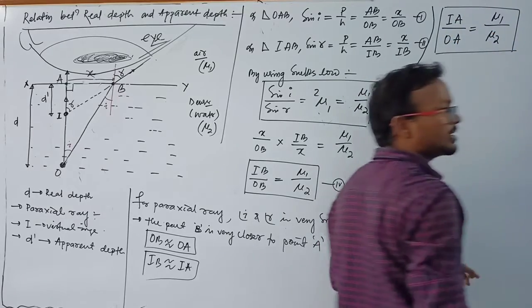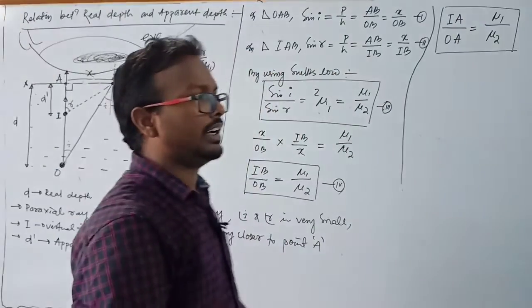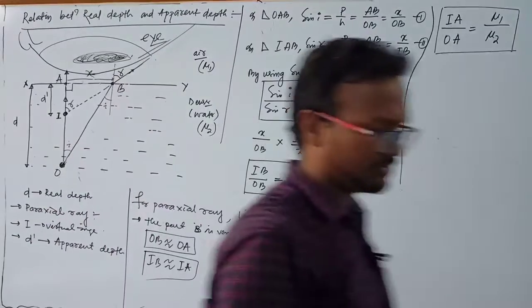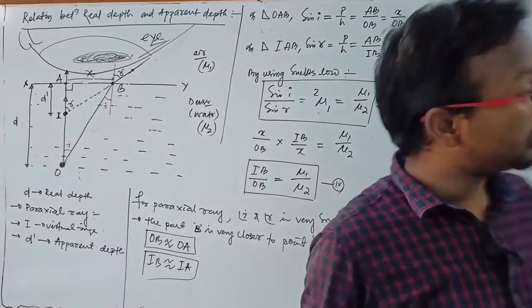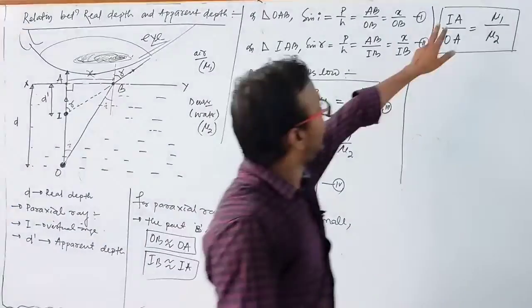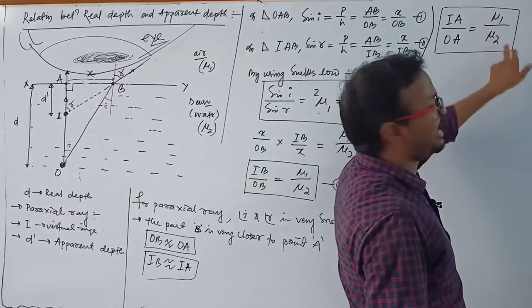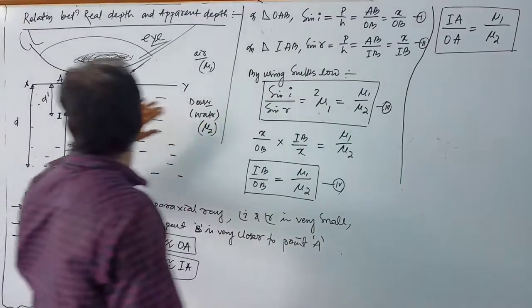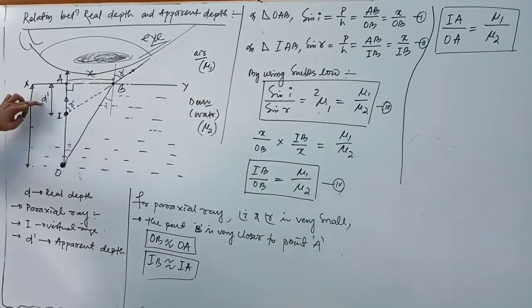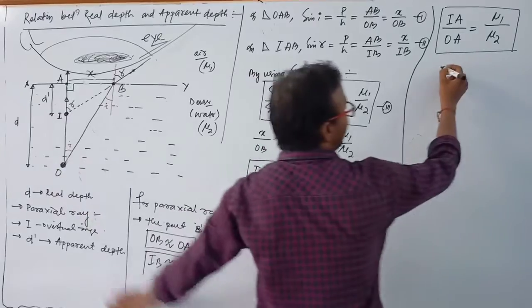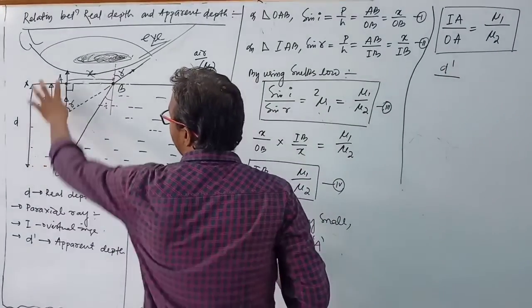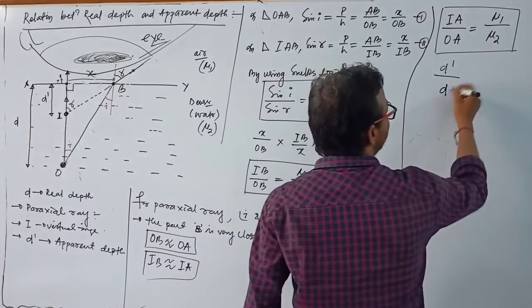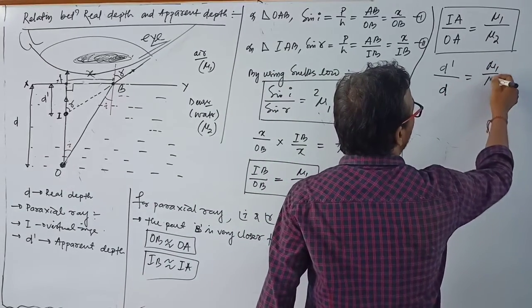Clear? These are the relations between real depth and apparent depth. So IA by OA equals mu 1 by mu 2. What is IA? Here IA equals d dash, and OA equals d, so d dash by d equals mu 1 by mu 2.